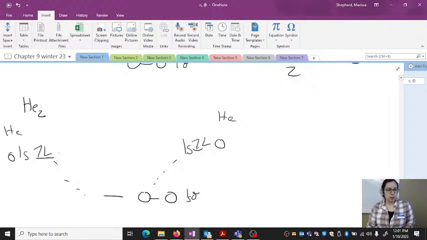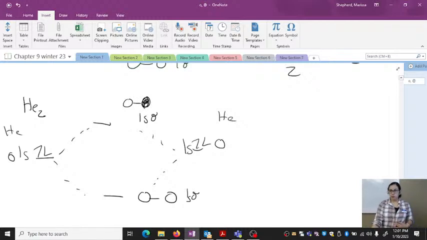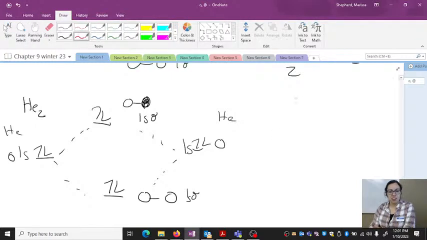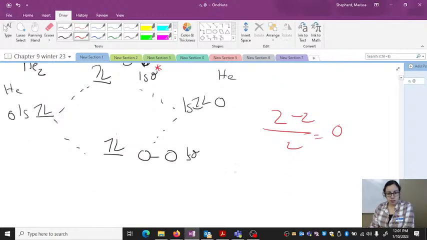So 1s bonding, 1s antibonding. And so now when we fill in the electrons, so we have 4 total. So 1, 2, 3, 4. And so what happens when you do your bond order calculation? What's your bond order? So 0, so no bond. So we have 2 in the bonding minus 2 in the antibonding. Oops, forgot my antibonding there. And so that's why, again, helium-2 doesn't exist.